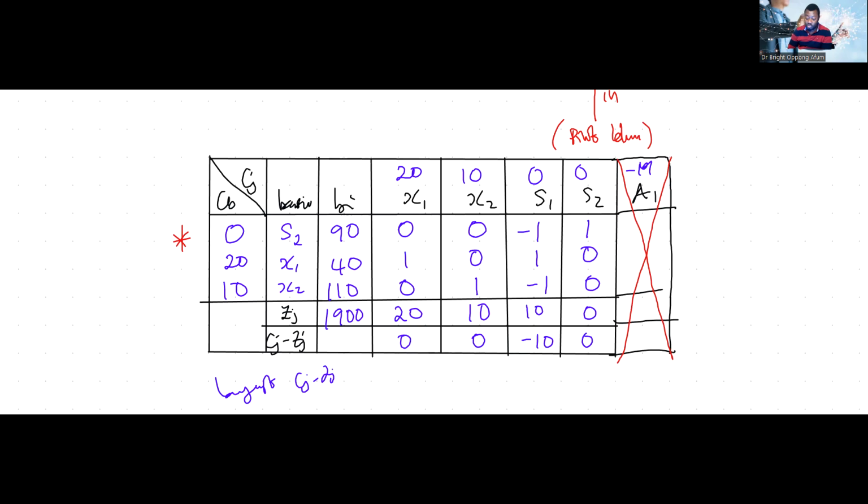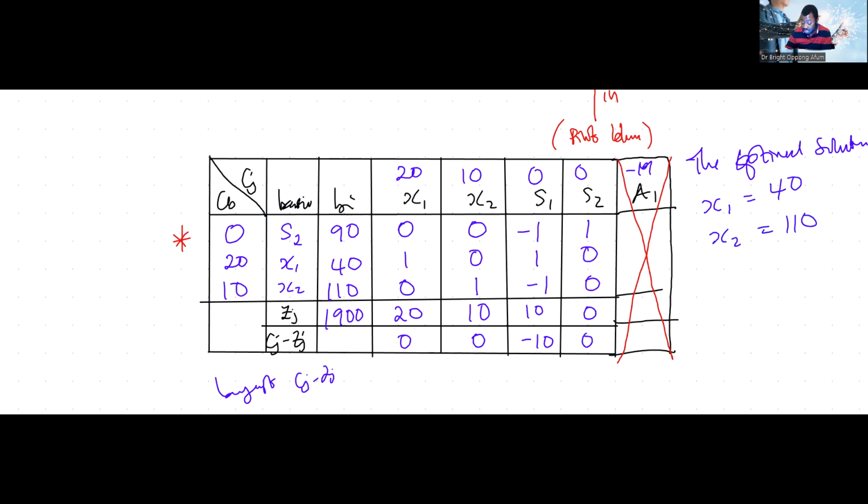So this fourth tableau will be our final tableau, our final solution, and therefore we say that the solution is optimal. So the optimal solution then is x1 is equal to 40, x2 is equal to 110.